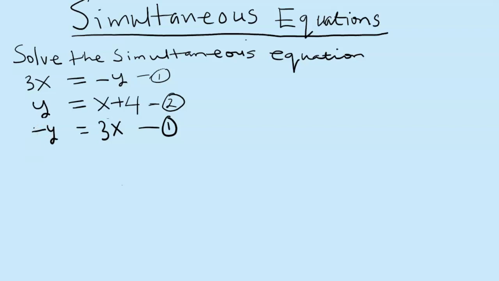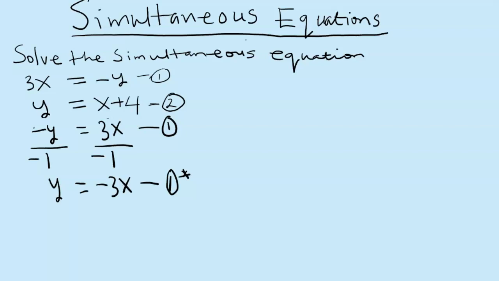So we divide here by negative 1, and we do the same thing here. If we do that, the negatives will cross out, and this negative will go up here, so we will get this. You can still call it equation 1, maybe star.